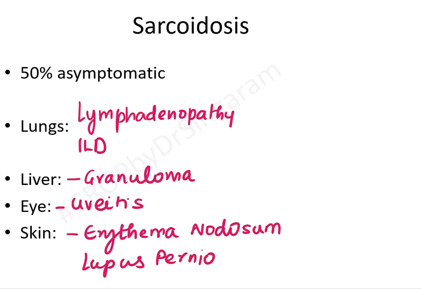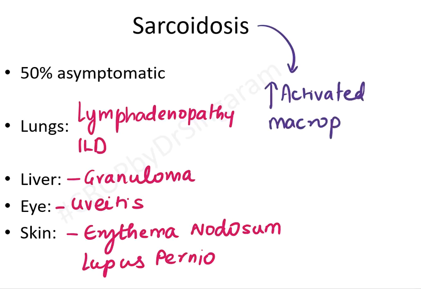Now, why in sarcoidosis is there an increase in the level of calcium? Sarcoidosis is due to an increase of activated macrophages, and it is said that these activated macrophages are associated with the production of increased levels of vitamin D, and this increased vitamin D will cause massive absorption of calcium and phosphorus, mainly calcium, from the gastrointestinal tract as well as the kidney.